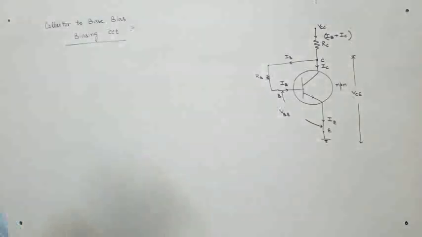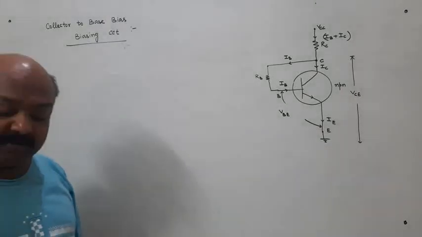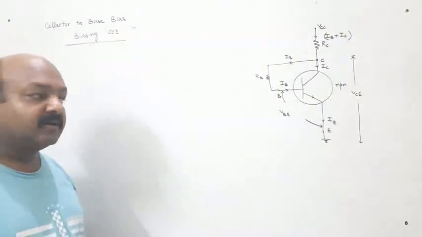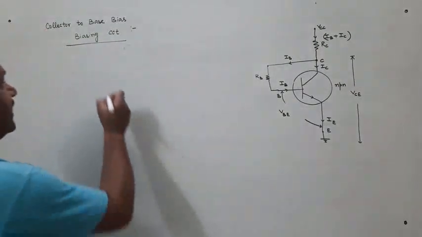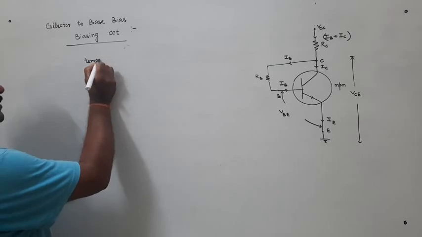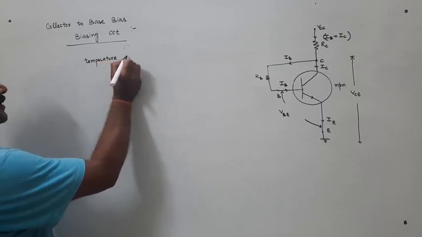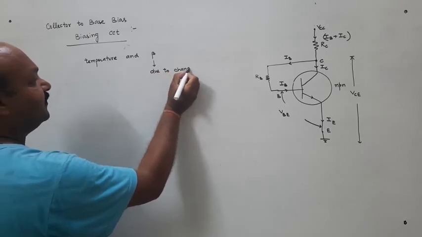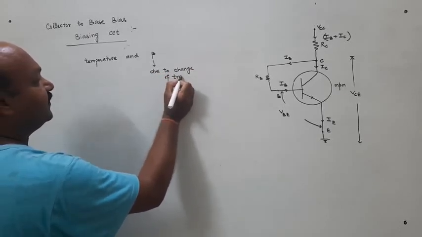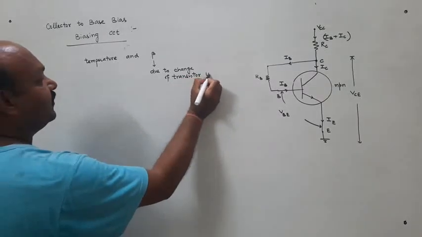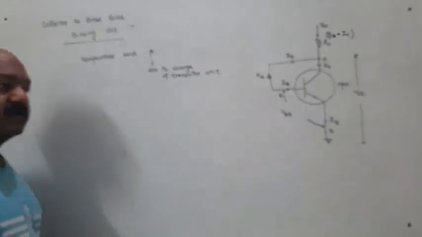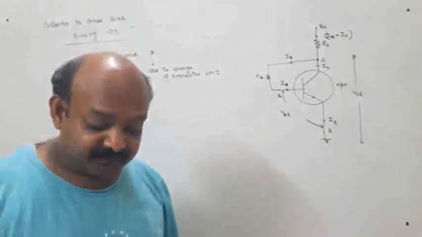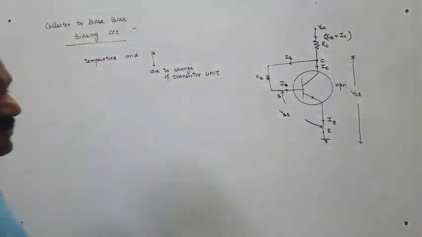So now we will see how it stabilizes the Q point, how alterations of temperature and change of transistor beta are compensated by this circuit.